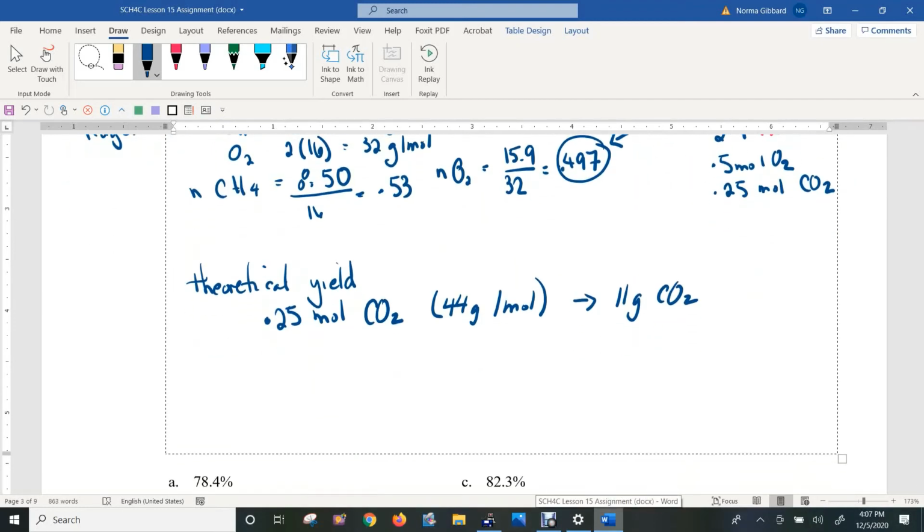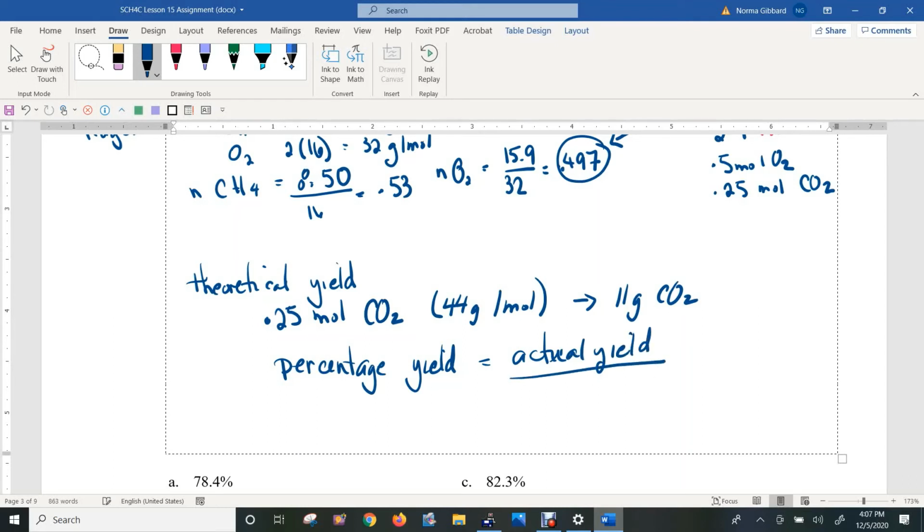So from there, the percentage yield is equal to the actual yield divided by the theoretical yield, just to keep these straight. The actual yield we found to be 9.77 from the question, I believe.